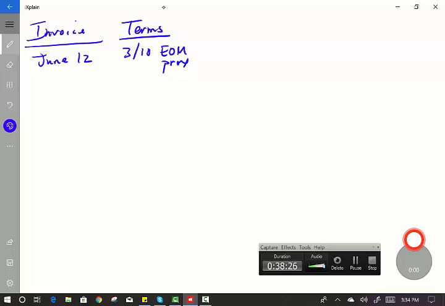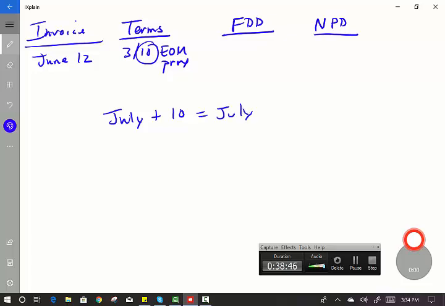And we're looking for the final discount date and the net payment date without a discount. So June 12th, that's before the 25th, so we just go to the next month, which is July, plus the number of days in the terms, which is 10, equals July the 10th. Then add 20 days to give us July the 30th for the net payment date without a discount.